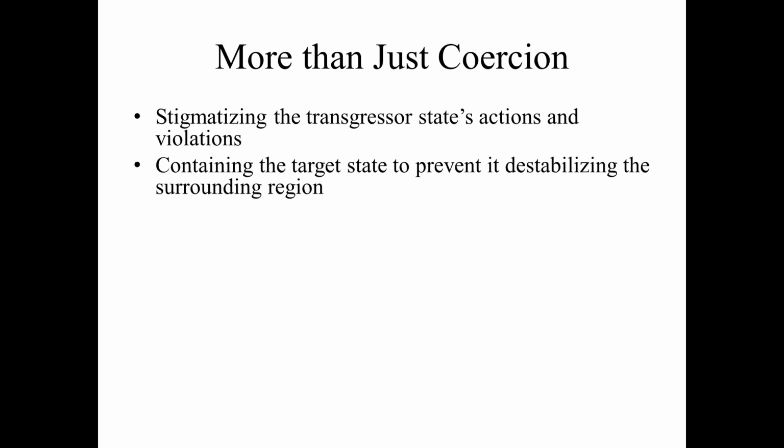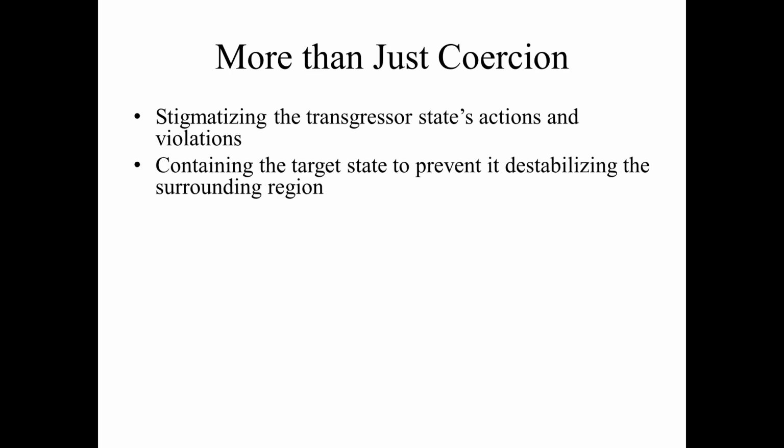Sanctions can also be used to contain the target state in order to prevent it from destabilizing the surrounding region. So if sanctions come with arms embargoes, or asset freezing, or the closing of certain commercial networks and markets to said country, it doesn't mean that the country is going to go bankrupt, and doesn't mean that the country is going to collapse. But the country is going to be financially constrained in the following year.